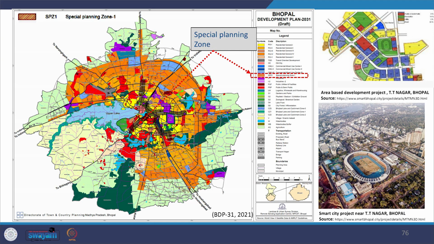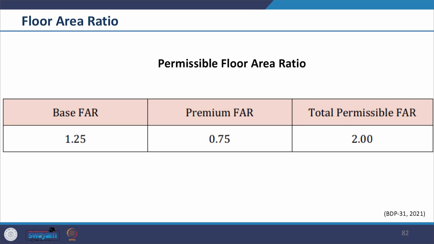Moving on, we see the special planning zone in the Bhopal Development Plan. The special planning area comprises the area identified for area-based development under the Smart Cities Mission. You may connect to the initial lectures on special purpose plans on smart cities here. The permissible FAR to regulate density is FAR 2 here, as you can see in the table.